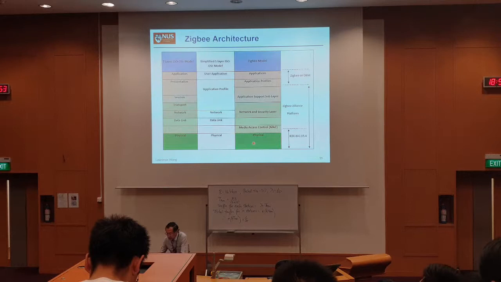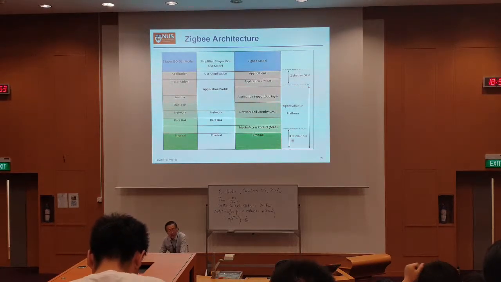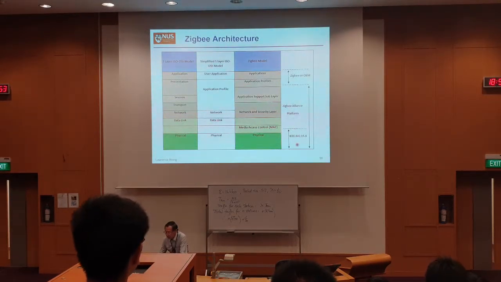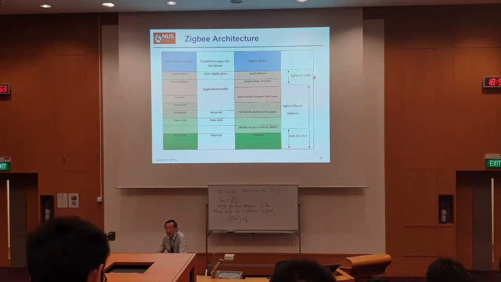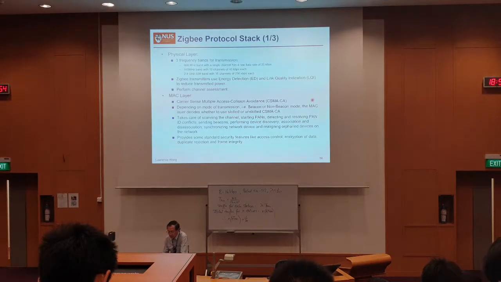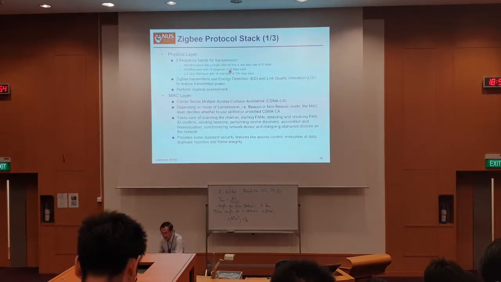And then the protocol stack is here. The 802.15.4 is here, but the Alliance has added additional things up here to make it more user-friendly, which is not part of the IEEE 802.15.4 standard. I won't go through the details of the protocol stack.